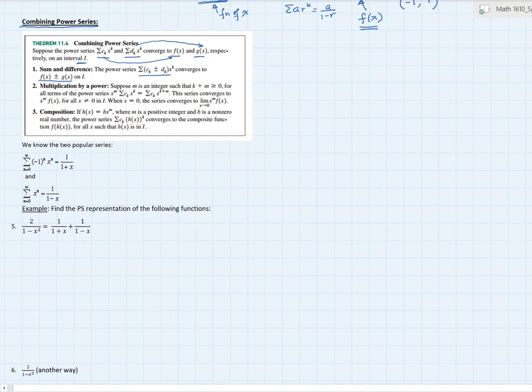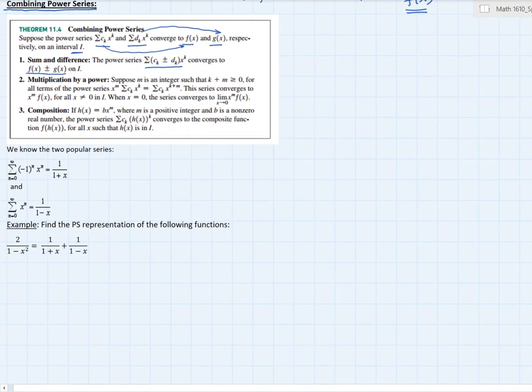The second one is multiplication by a power. You can read slowly what it is saying, but essentially it's saying that if you multiply any power series by x to the power m, then the result converges to x to the power m times f of x, because after all this series converges to f of x.